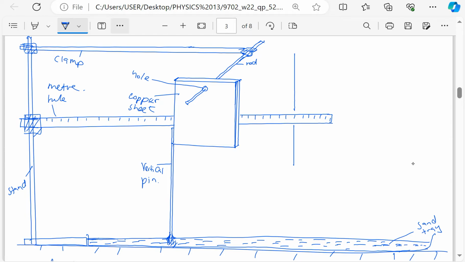I don't need to make it very big. Then I'll put one pole here.